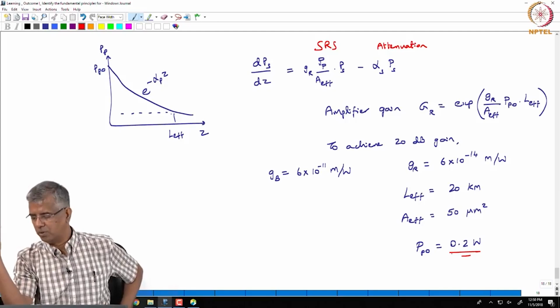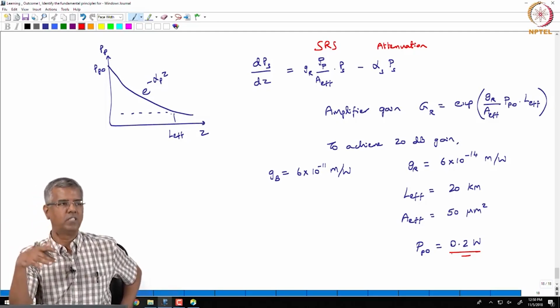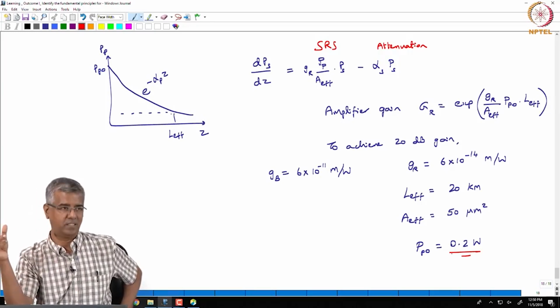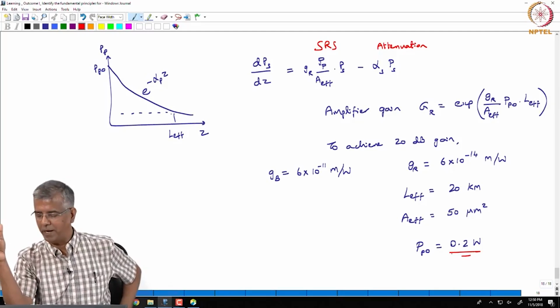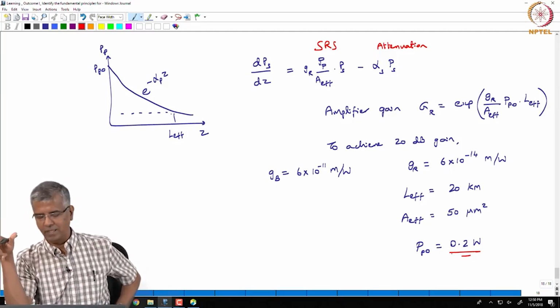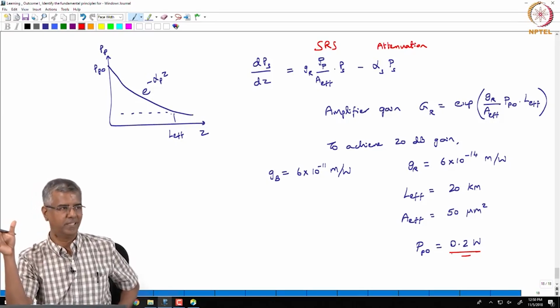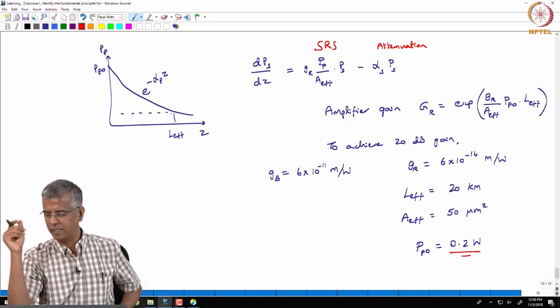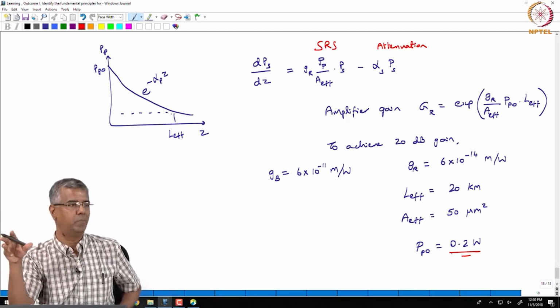Okay. So, if you have a much lesser length of fiber, let us say only 20 meters, then the corresponding pump power you need is 0.2 into 10 power 3, that is 200 watts to get 20 dB gain.